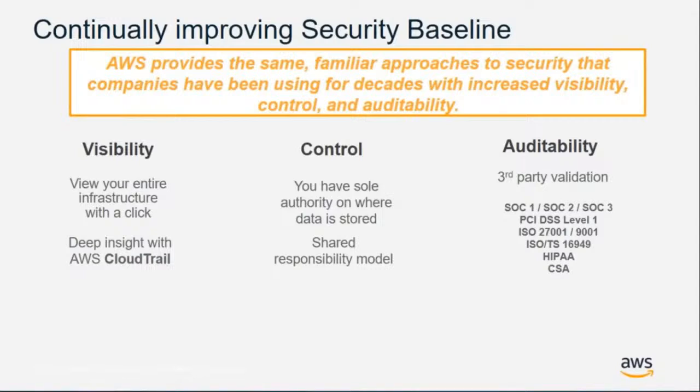And with free end-to-end encryption, customers can easily maintain data security across infrastructure, and auditability with a broad portfolio of certifications. AWS works daily to ensure that workloads, both regulated and unregulated, are compliant with industry standards.